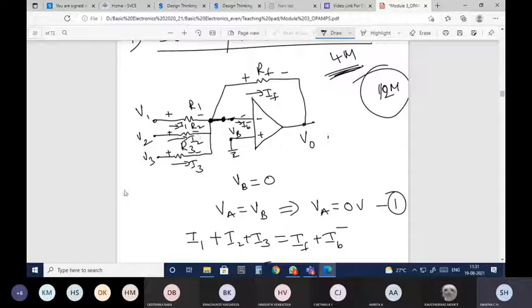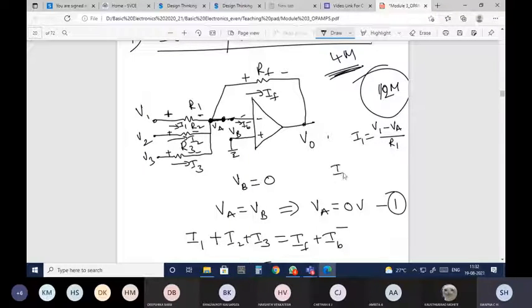So I1 is nothing but, since V equals IR, I is equal to V by R. V is the voltage across this resistor R1 in terms of the node voltages. This plus corresponds to V1 and this minus corresponds to VA. So I1 is V1 minus VA divided by R1.